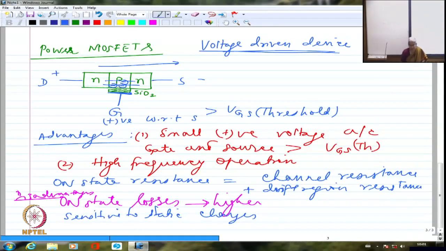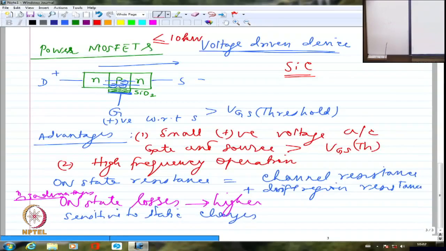So generally, if I look at the different power levels of operation, power MOSFETs are generally used only for less than or equal to 10 kilowatt ratings. One newer development that has come up, especially in MOSFET, is silicon carbide devices, which are supposed to have lower values of on-state resistances.